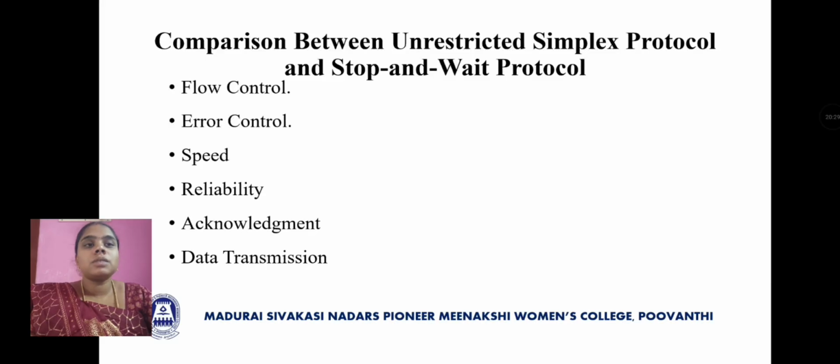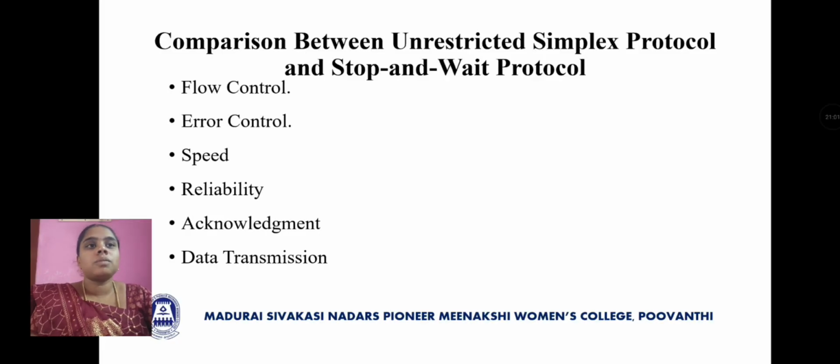The unrestricted simplex protocol is less reliable because it cannot confirm successful delivery of frames, whereas the stop and wait protocol is more reliable because acknowledgement ensures proper frame delivery. And then acknowledgement. The unrestricted protocol doesn't use acknowledgement, whereas stop and wait protocol uses acknowledgement to provide flow control for every successful frame.